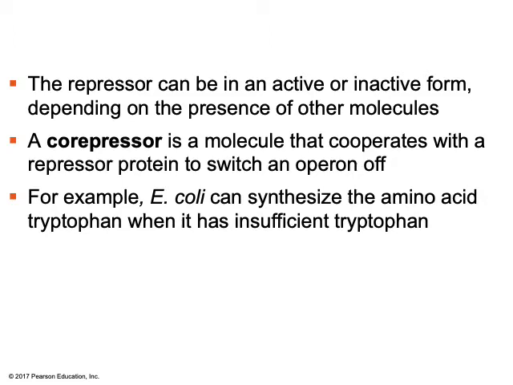Basically, if there's lots of tryptophan present, we don't need to make it. So in that case, the tryptophan is going to bind to the regulatory protein, and the two will then bind to the DNA. So the repressor only functions when it is bound to its co-repressor, in this case, tryptophan.